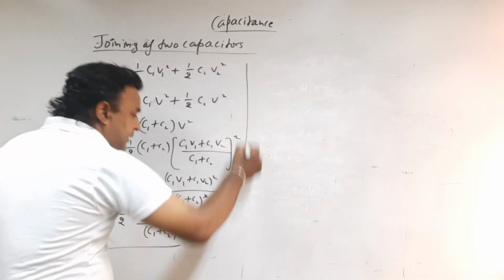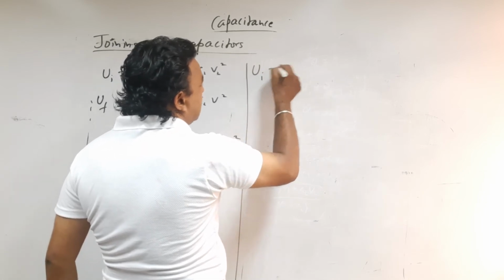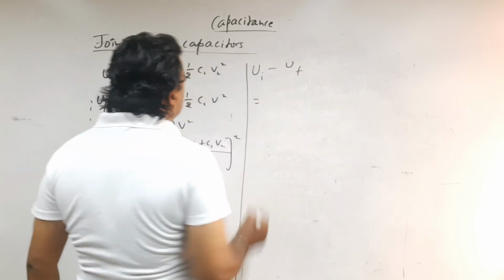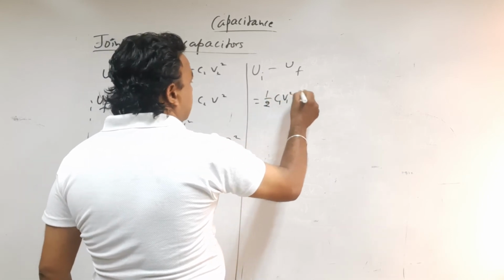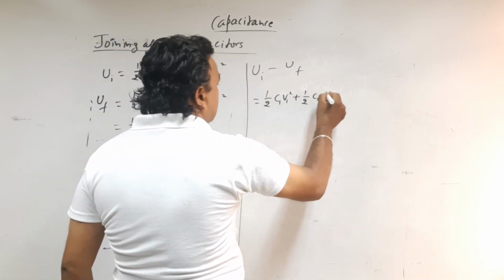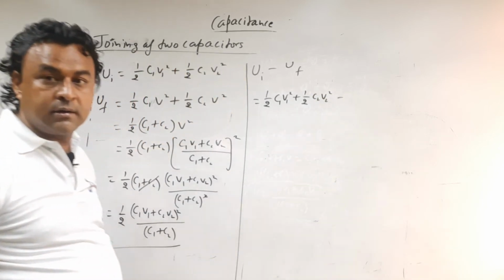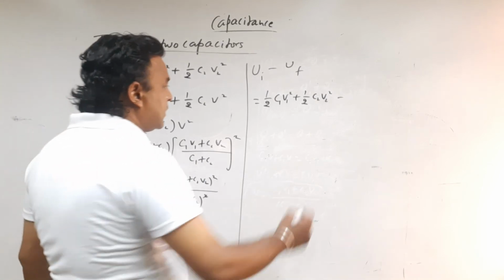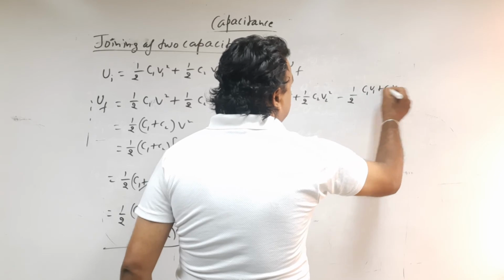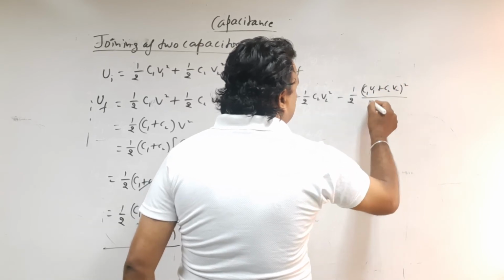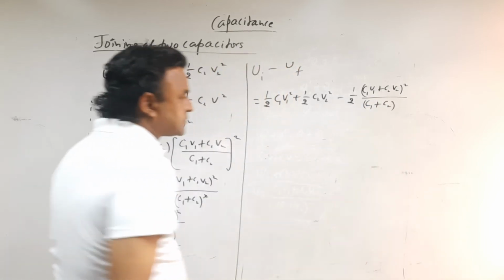Now I subtract. This is a longer calculation, of course. Ui minus Uf. Ui is half of C1 V1 square plus half of C2 V2 square, and then minus half of C1 V1 plus C2 V2 whole square by C1 plus C2.